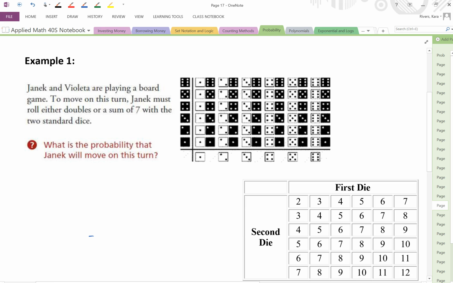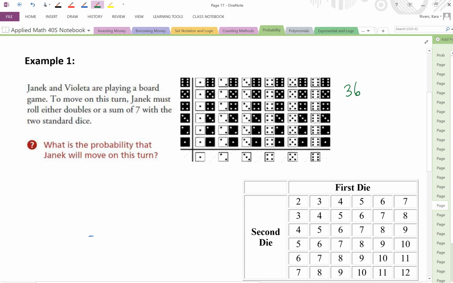Let's take a look at example 1. It says Yannick and Violetta are playing a board game. To move on his turn, Yannick must roll either doubles or a sum of 7 with the 2 standard dice. So we've got the sample space here. They've just colored the dice so we can tell the difference between the first dice and the second dice. And we can see that there's 36 total ways of getting a sum with 2 die.